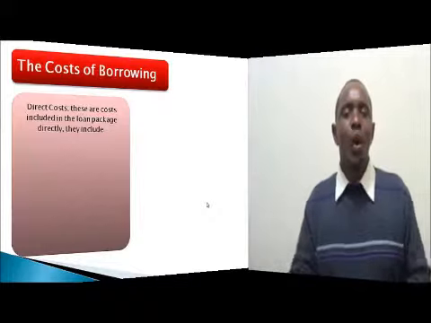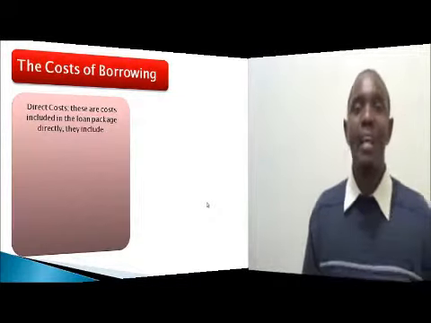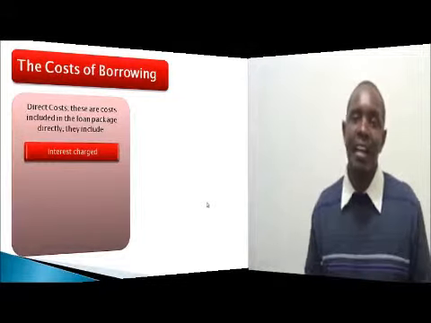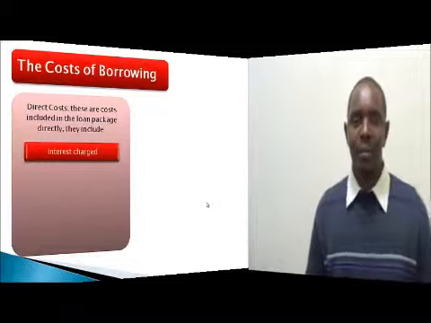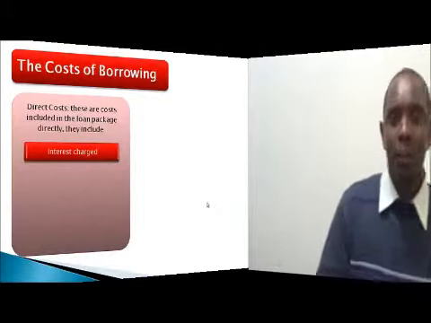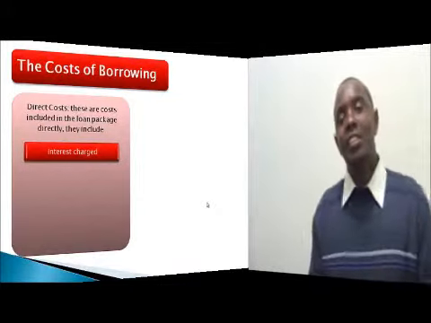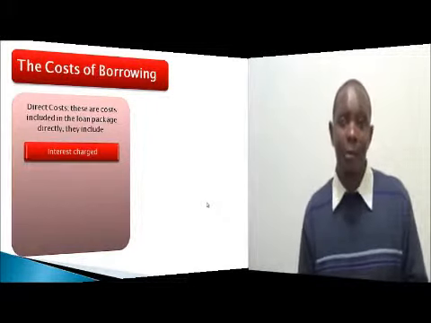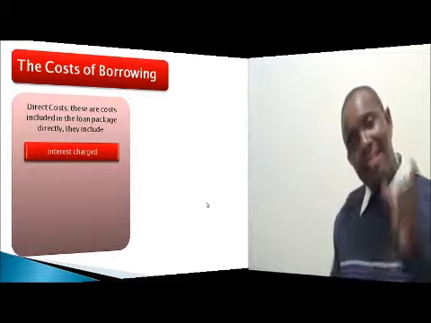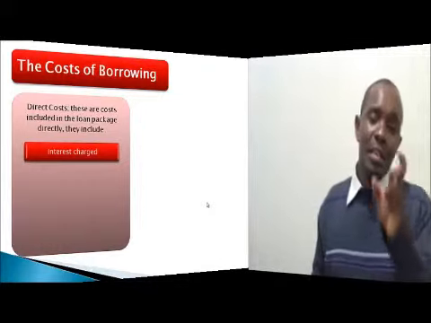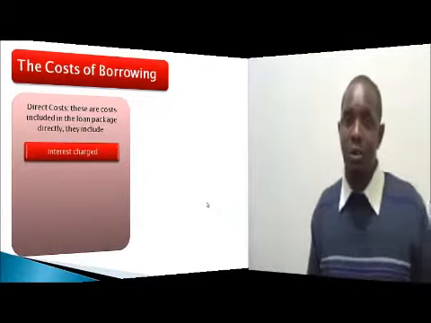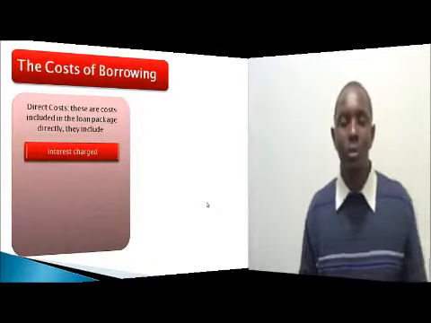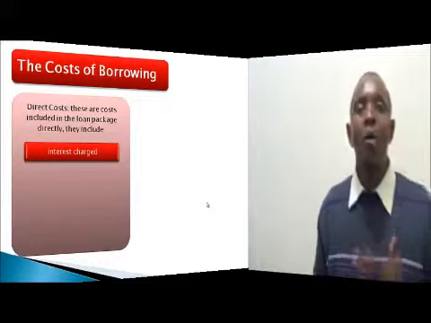So you've applied for the loan, it has direct costs, and these costs include the interest charged. Remember, for any loan, the financier is in the business of lending and expects to make income from that. So there's interest charged on that loan. Normally it's a percentage, a margin that you're supposed to pay on top of the loan amount that was advanced.